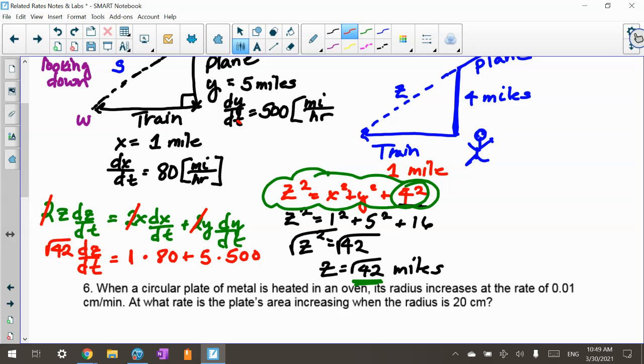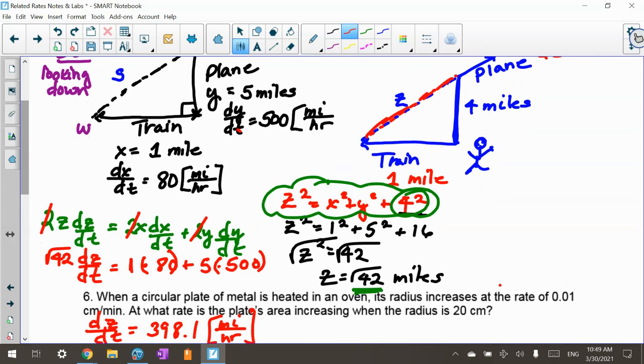When I do that, 1 times 80 and 5 times 500, dz/dt comes out to be 398.1 miles per hour. That's how much this third dimension right here is changing as the plane continues to go north and the train continues to go west. So I hope that helps you.